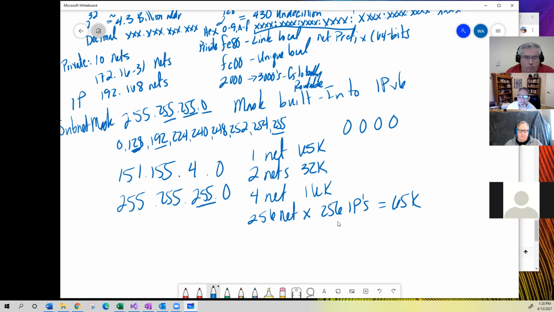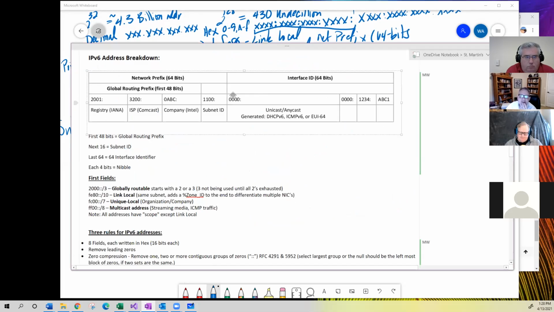Well, in IP version 6, you always have the final 64 bits that you can use for your IP. It doesn't change. It's always 64 bits, which 2 to the 64 is what?